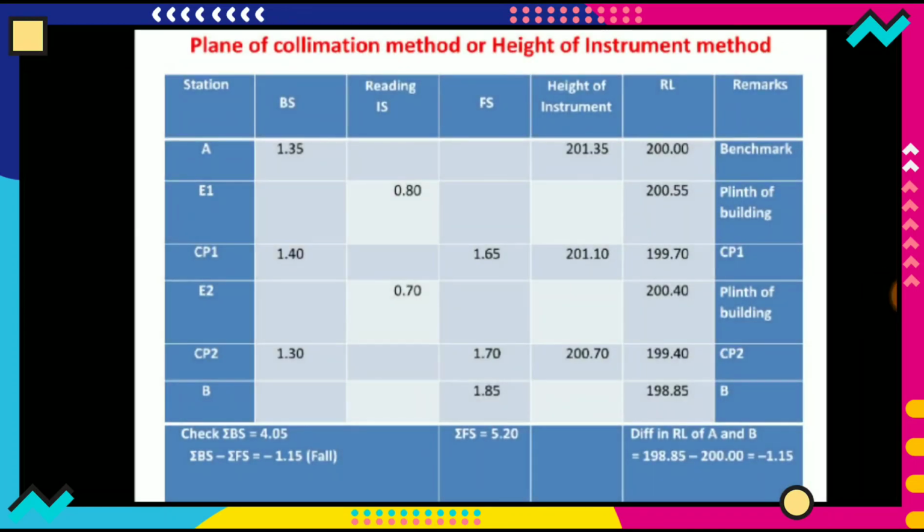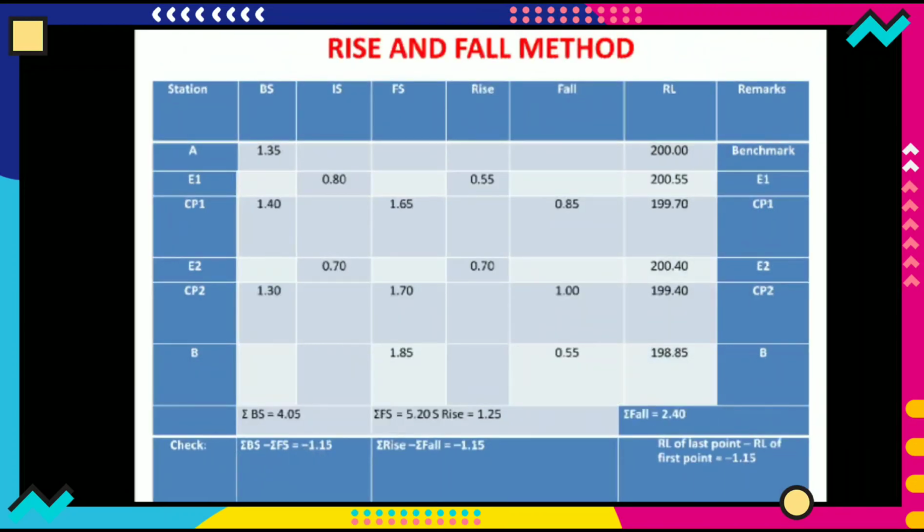Okay, after this method, a second method that is used is called the rise and fall method. In the rise and fall method, all the things are the same. These four columns 1, 2, 3, 4 are the same as shown in the previous example.